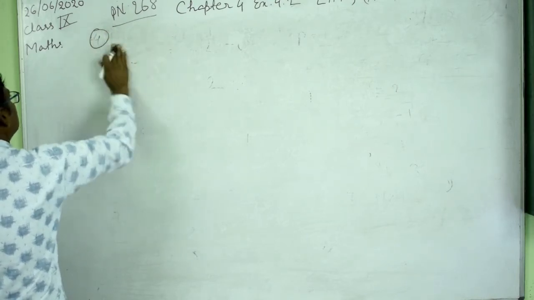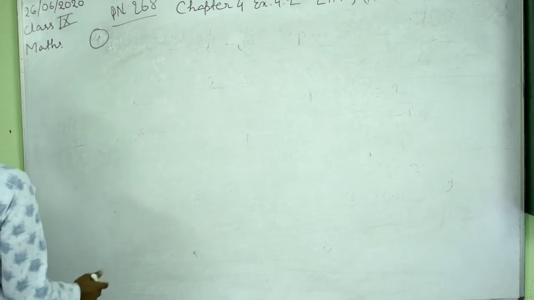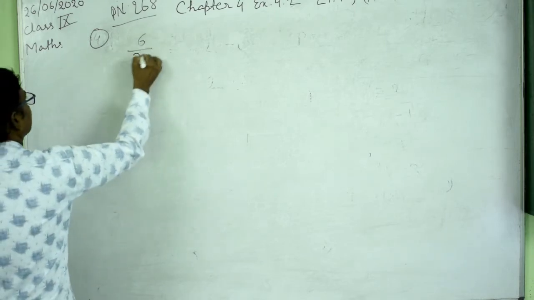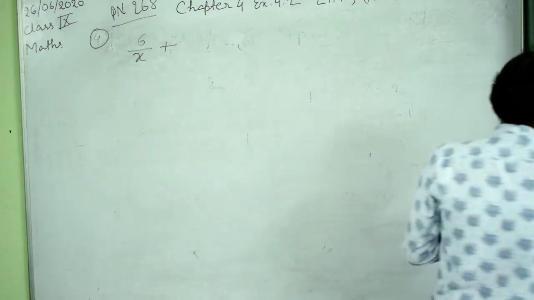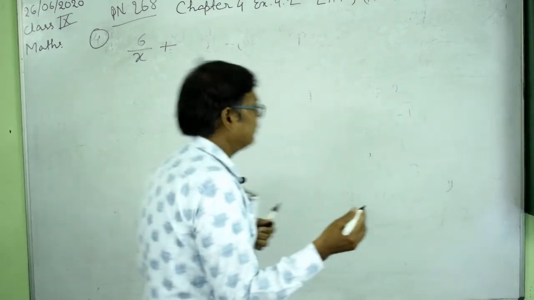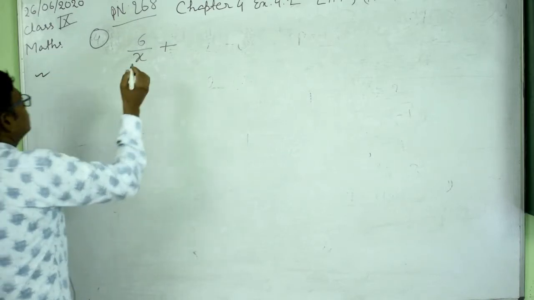The first equation is 6 by x plus 2 by y equal to 5. I think this pen is not working, so let us take the other pen. Yes, it is better.